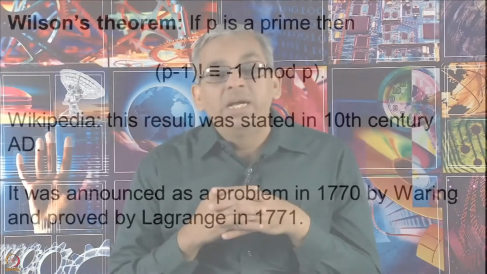However, it was Lagrange who did it in the next year, 1771. But since it was Wilson who made it well known, who posed this as a problem when he received it from Edward Waring, and because he could not solve it, he asked people, it came to be known as Wilson's theorem.